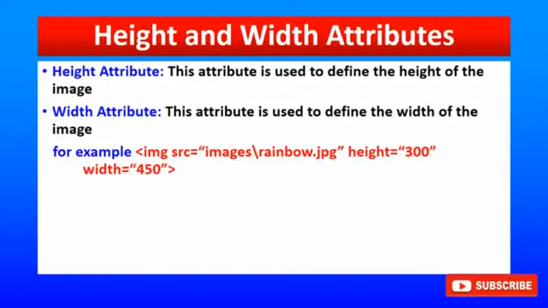I generally suggest that if you are typing height, then don't type width, and if you are typing width, then do not type height. Do not type both together, otherwise it may spoil the aspect ratio of the image. Now we will do the practical of both height and width, and also of alt.